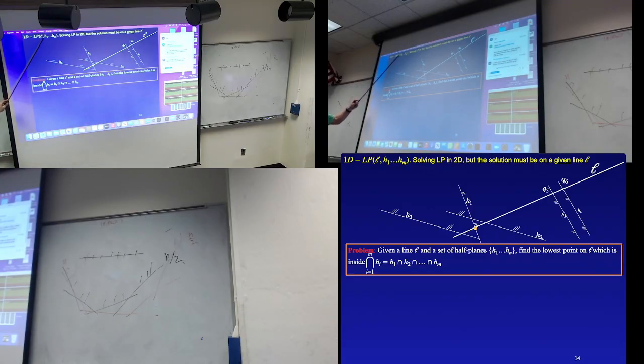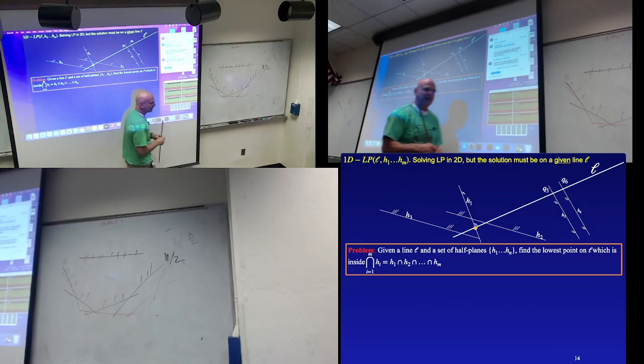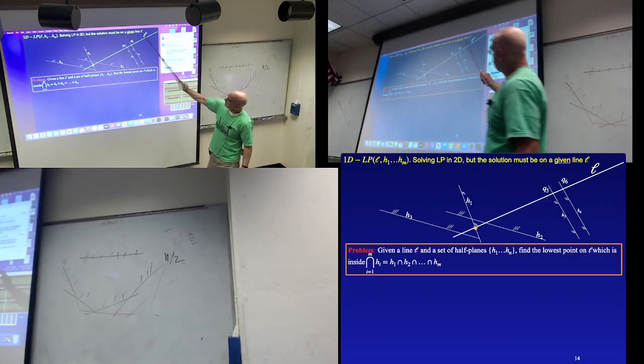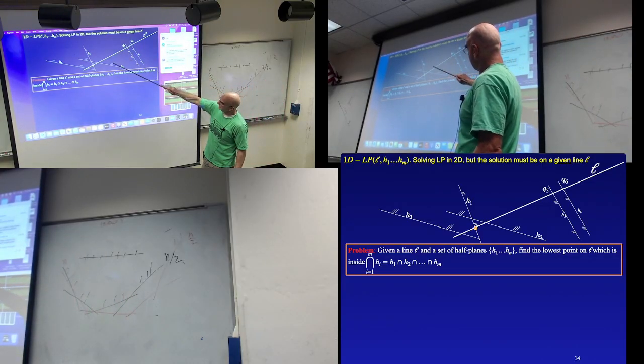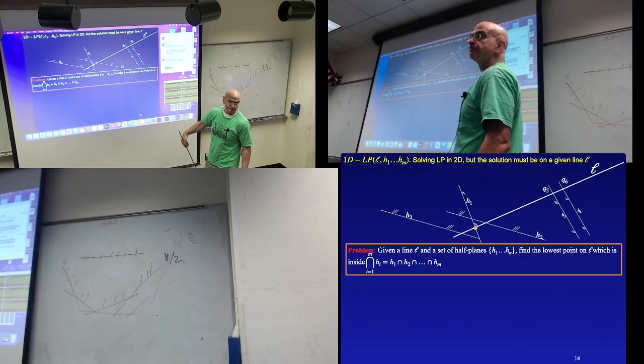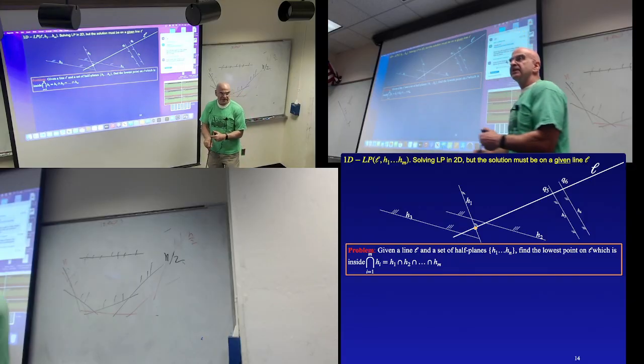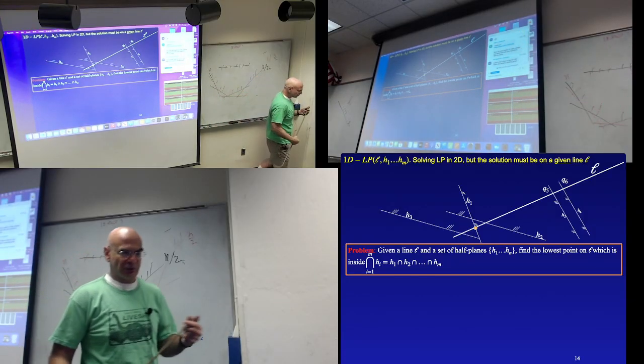In addition to this line, I'm given a set of half planes, H1, H2, all the way up to Hm. The point that I am trying to find must be on this line. So it's a one-dimensional problem. I'm not looking for a point that floats in 2D. It's a 1D problem, only on the line, but this point should be inside all the half planes. It's exactly the same problem, just with more notation.